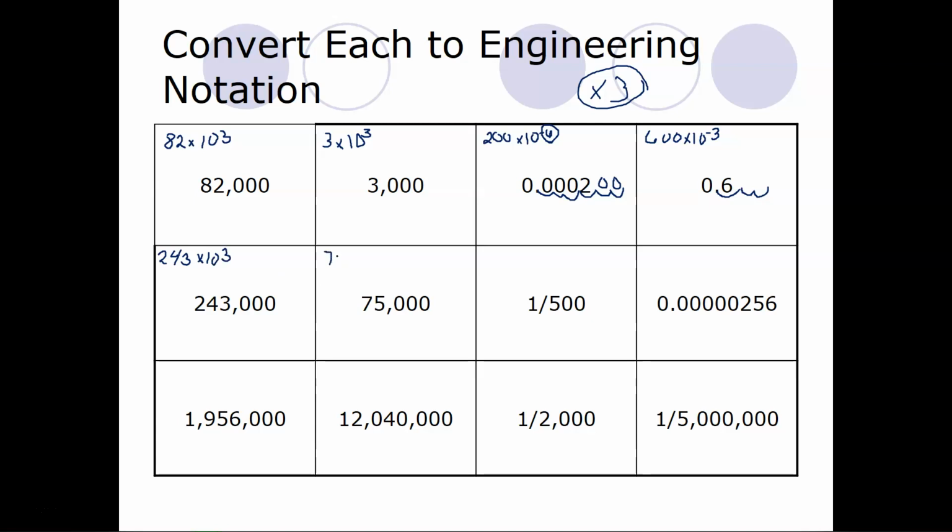This one is 75 times 10 to the third. If I remember right, this one was 0.002. So this one would have been 2 times 10 to the negative third.